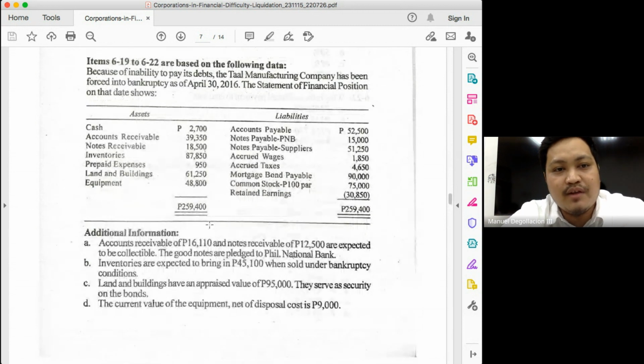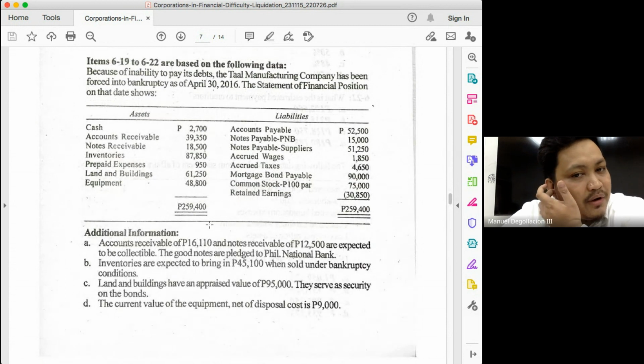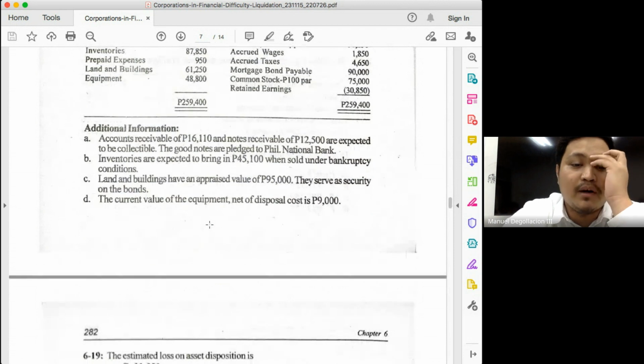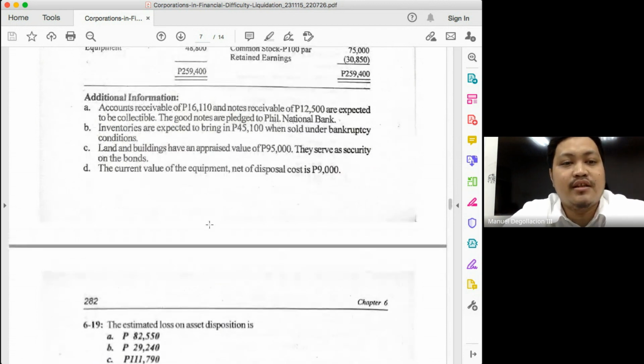For notes receivable, the book value is 18,500, and then the recoverable amount is only 12,500. And again, the impairment loss there would form part of your answer in problem 6-19.